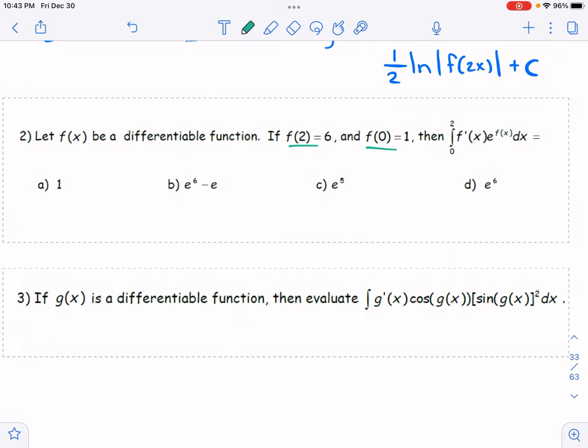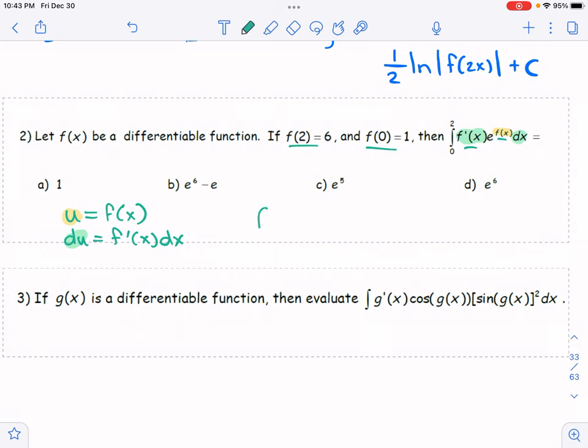So I see a function f and I see its derivative. That immediately tells me I should let u be the function so that du becomes its derivative. I see this can be replaced now with my u, and this f prime of x dx is now just du. So it's a nice clean substitution there.